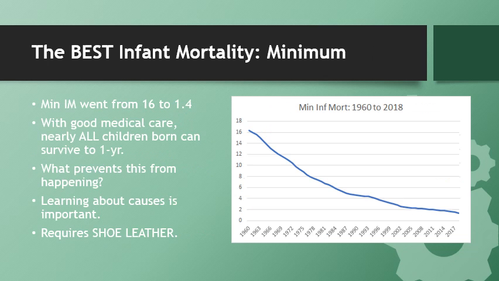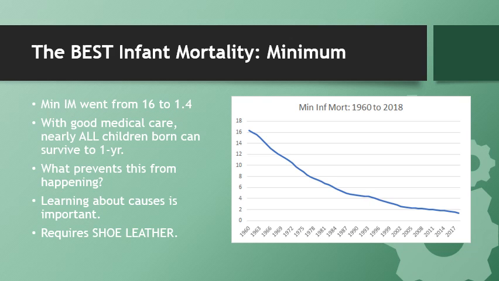Look at the minimum infant mortality across all the countries. And this is shown by this graph. As you note, this goes from 16 to about 1.4. When you plot it separately, then the scale is very clear that there has been a dramatic decrease in infant mortality.